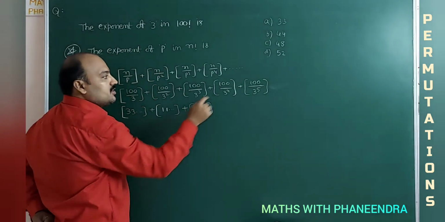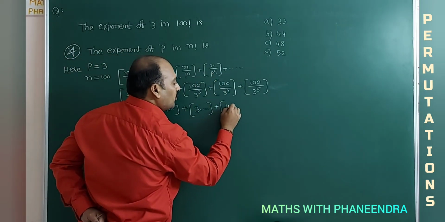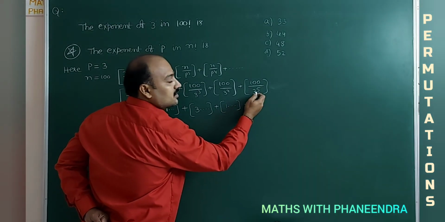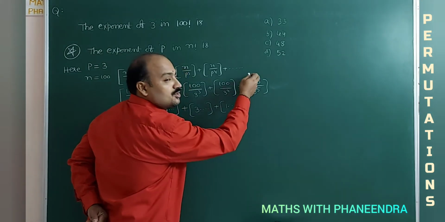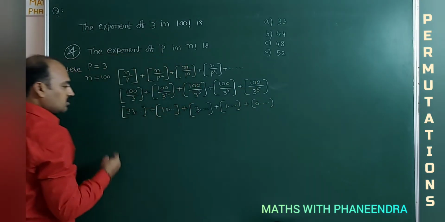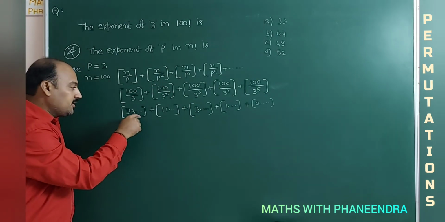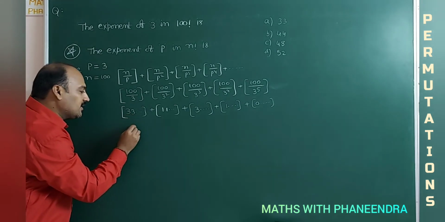See, 3 power 4 is 81, so 81 only one time, 1 point something. Plus this is 3 power 5, 81 into 3 is 243, so 100 by 243 means 0 point something. So the floor of 33 point something is 33. Only the greatest integer part we are considering.